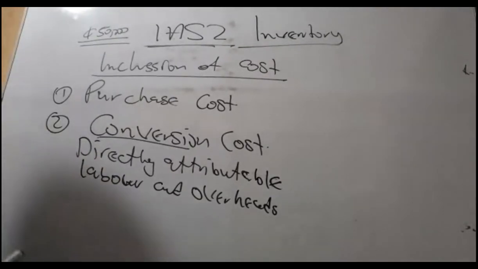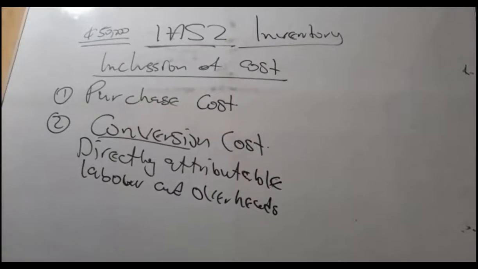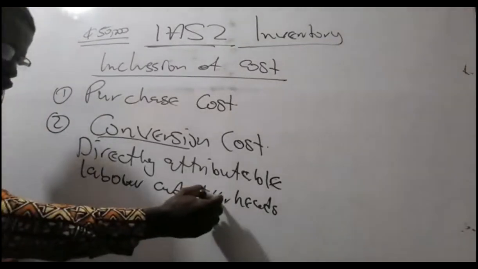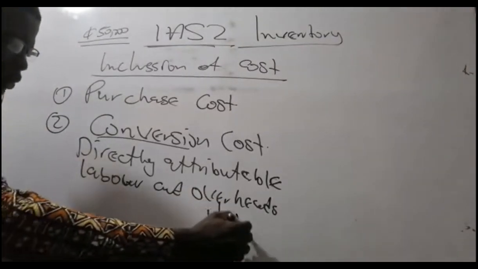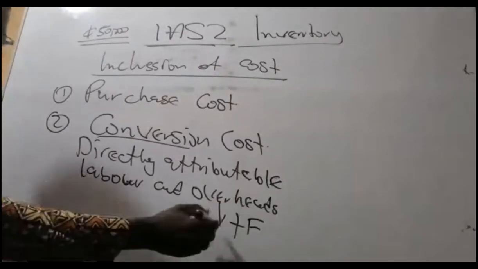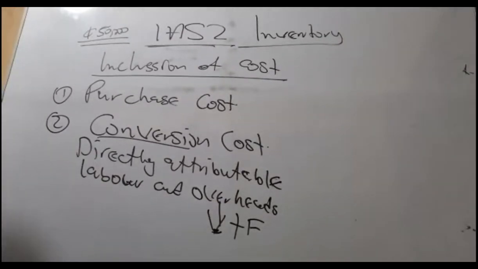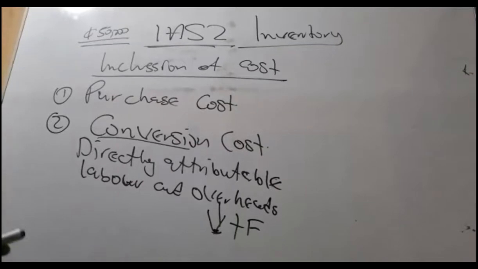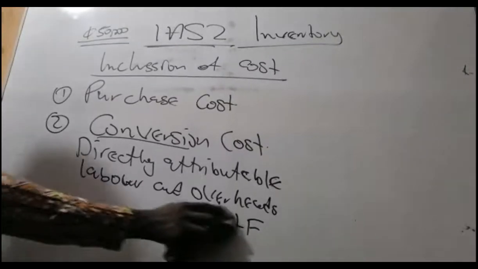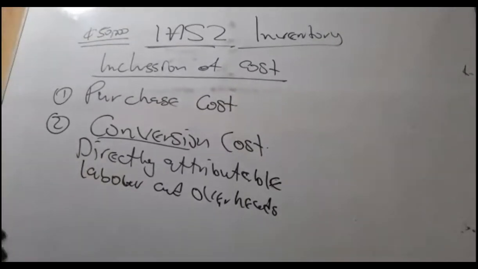Now these overheads, once they are production overheads, both variable and fixed. I'm not saying only the variable one. So fixed production overhead must also form part of the cost of the inventory.